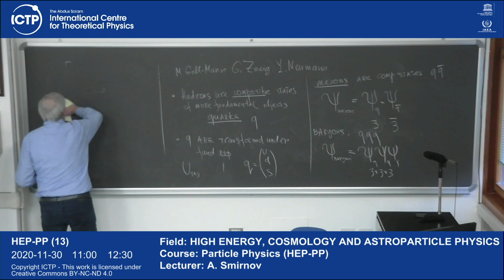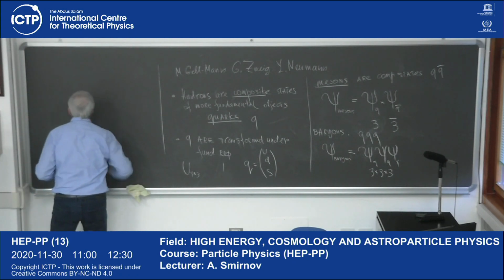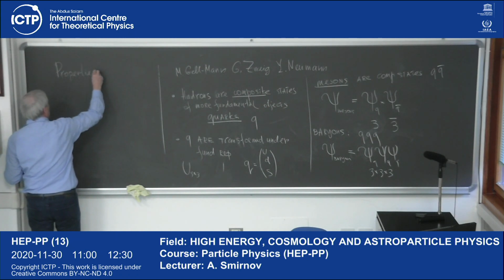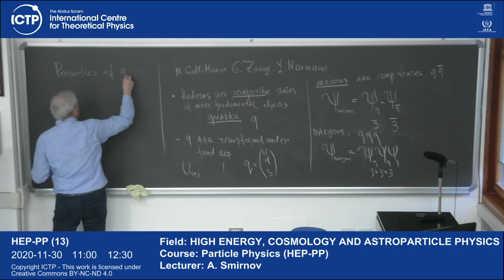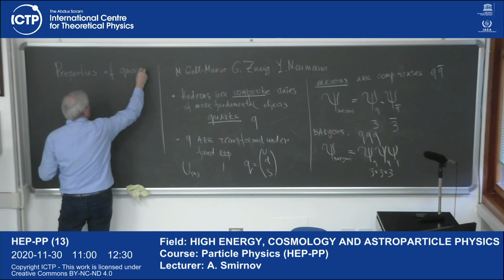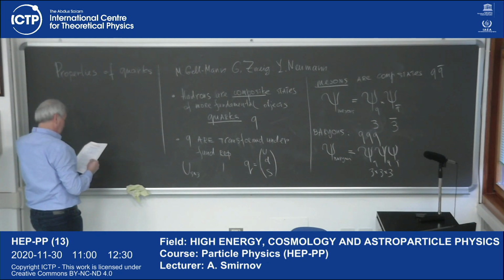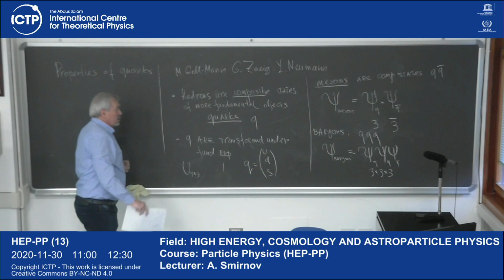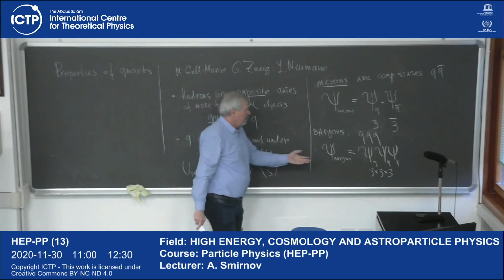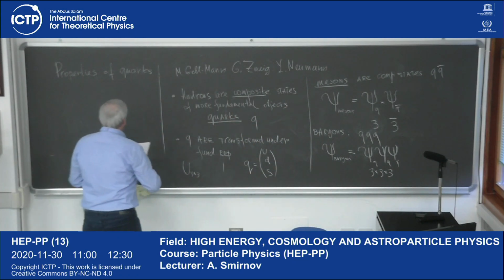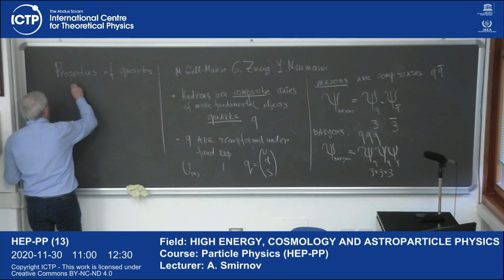Now, what are the properties of quarks? Since we want to have baryons made out of 3 quarks, clearly the baryon number of a quark should be 1/3.